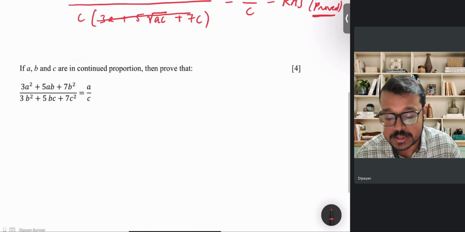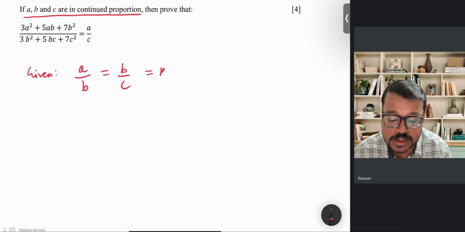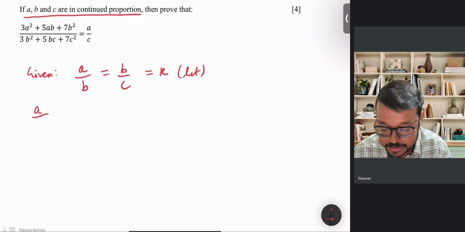In K method, let's say that A, B, C are in continued proportion. So it is given that A by B equals B by C. And let's say that both these ratios are equal to a constant K. Then A by B is equal to K, B by C is also equal to K. So A is equal to BK and B is equal to CK.